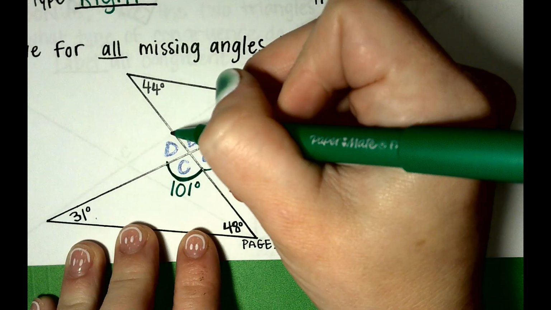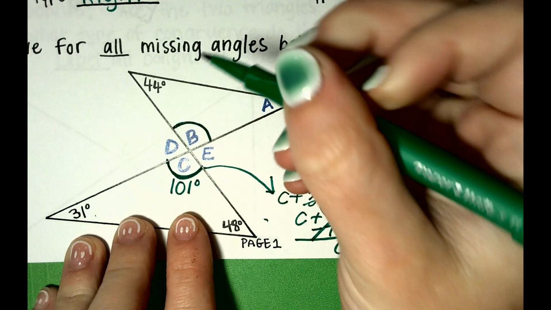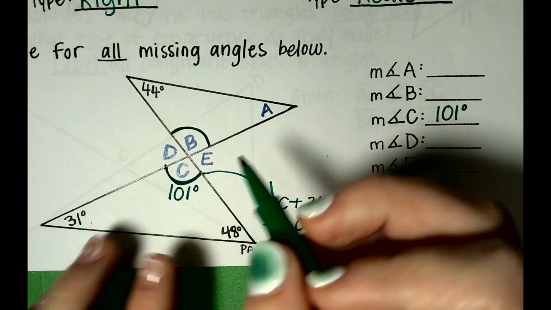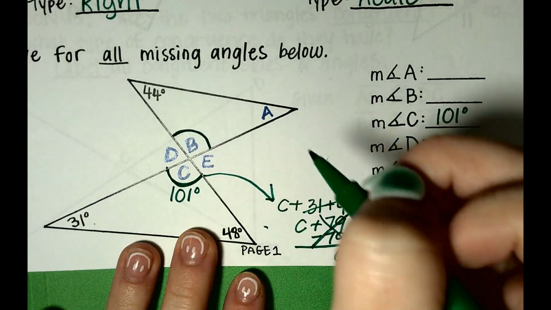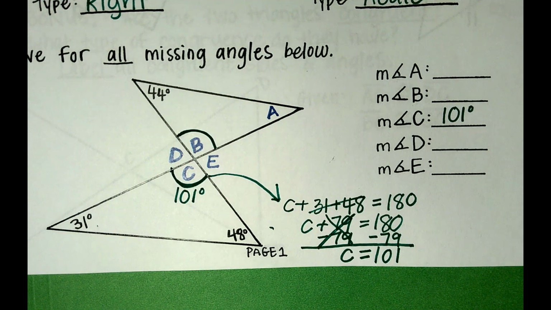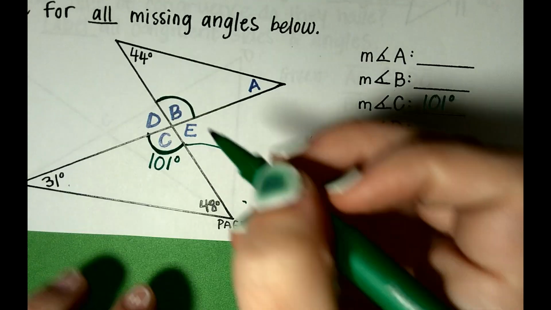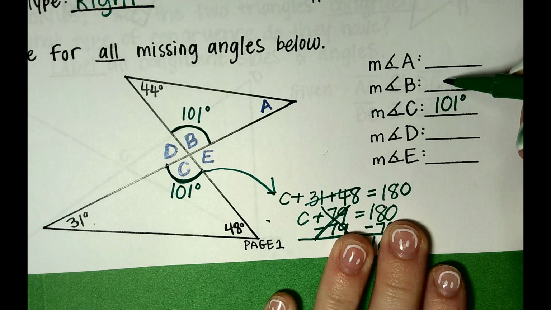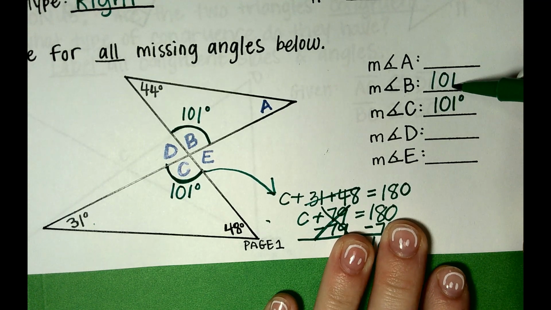Vertical angles. When angles are right across from each other, they are equal. So B equals C, and C equals 101. So what's the measure of angle B? 101. They are the same. So I can fill that in over here. Angle B is 101 degrees.